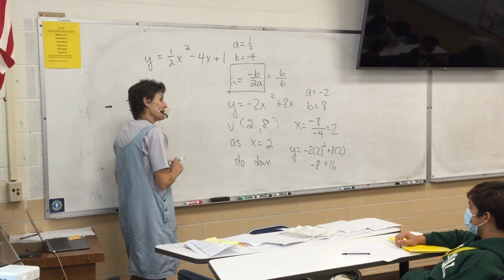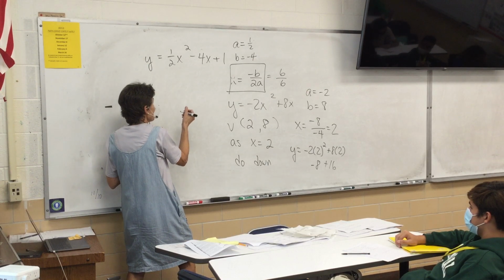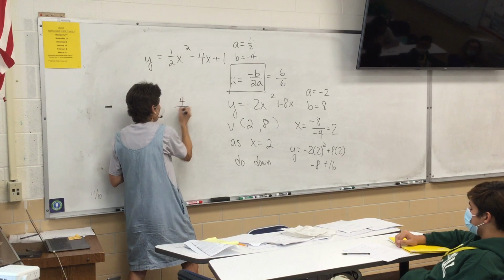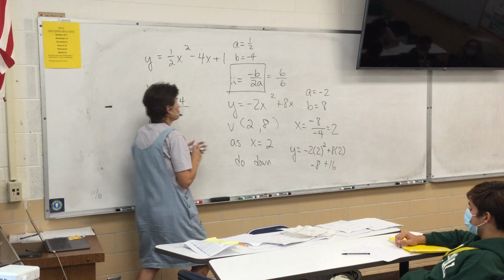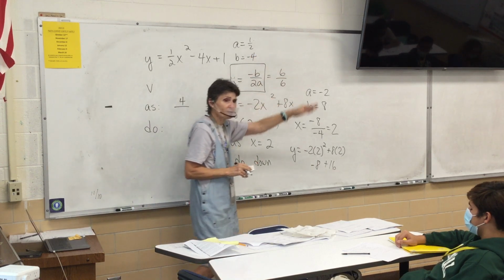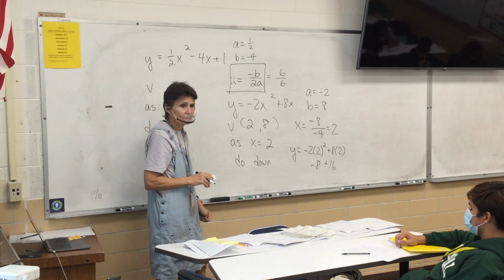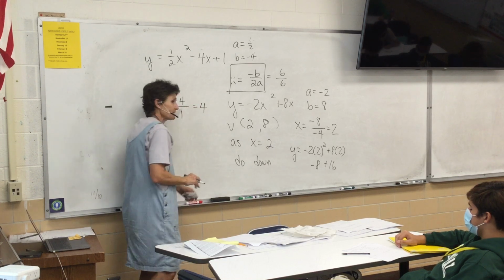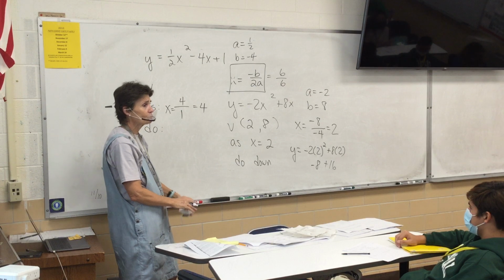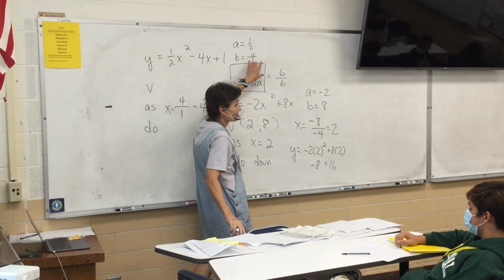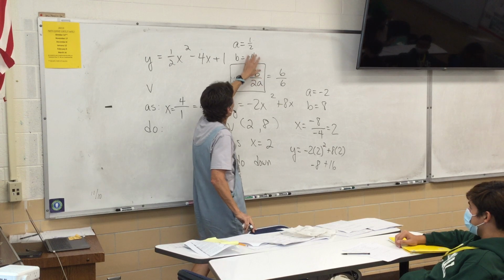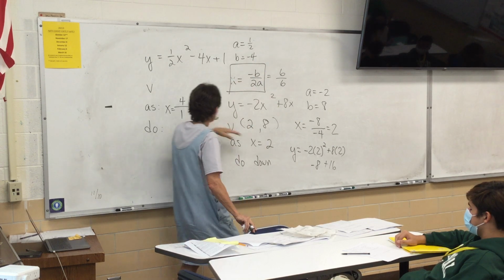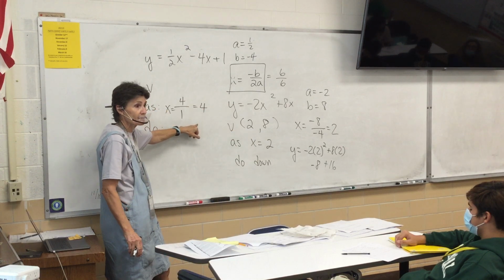Now, the reason I'm not panicking is, when I do negative B over 2A, I'm going to have +4 over 2 times 1/2. What's 2 times 1/2? 1. So that works out great. My axis of symmetry is x equals 4. Negative B, so 4, over 2 halves, which is 1. There it is. Your axis of symmetry is x equals 4.